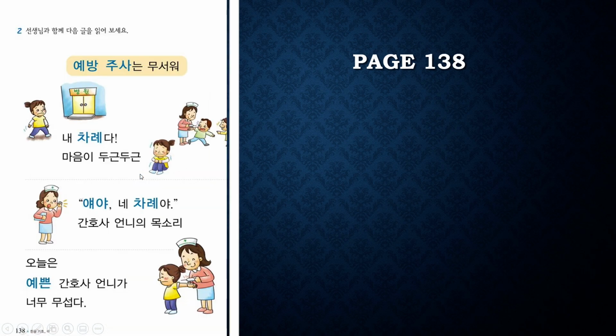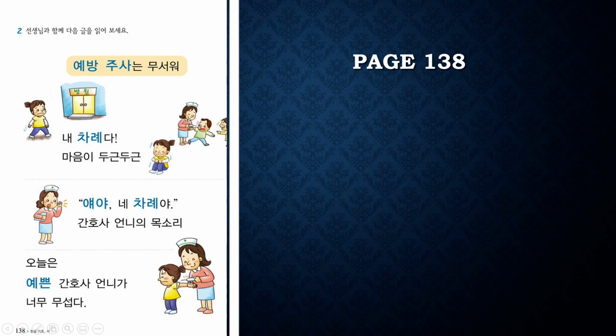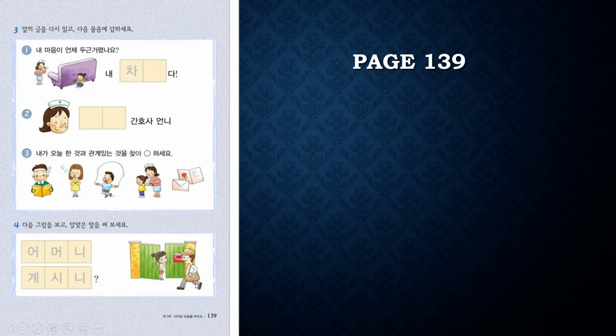Now the fourth one has the exact same photo as the one on the previous page, so we have a pretty good idea that this is related. This picture is her getting a shot, and getting a shot was part of the story. So we know there's a 관계 or relation. So we can circle this one for the right answer. And the fifth one is about writing a letter, which has nothing to do with taking a shot. So we X that one out as well. The fourth one we circle as the correct one.